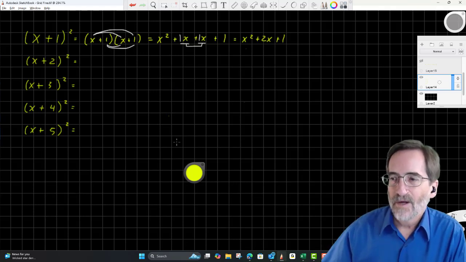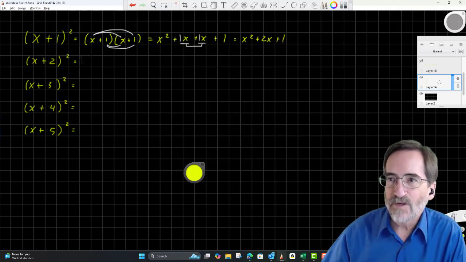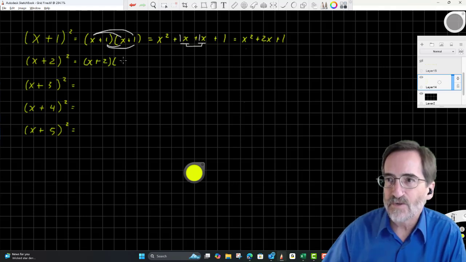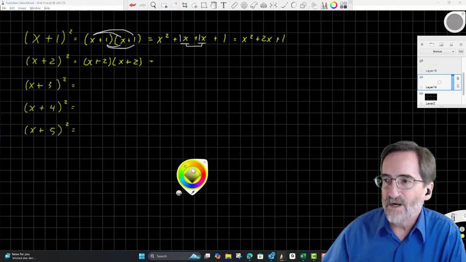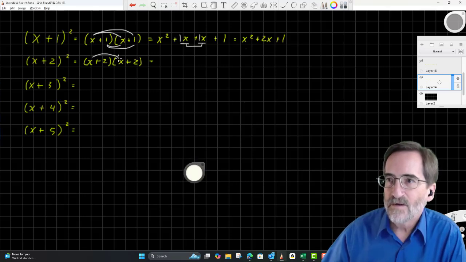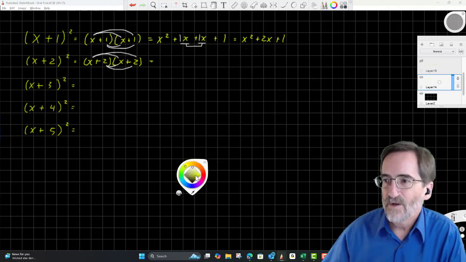Okay, let's do it again for x plus 2. X plus 2 times x plus 2 is the meaning of x plus 2 squared. Distribute x times x and x times 2. 2 times x and 2 times 2. First, outside, inside, last, FOIL.